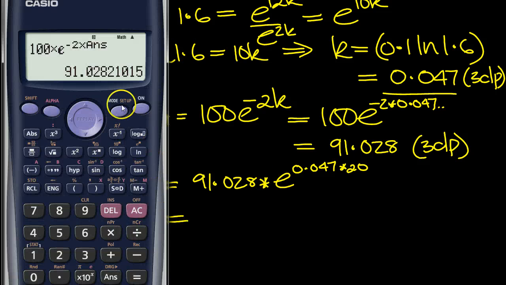So let's tap that in the calculator then. So we've got 91.028 times e to the power 0.047 times 20. Press equals: 233.0299885.